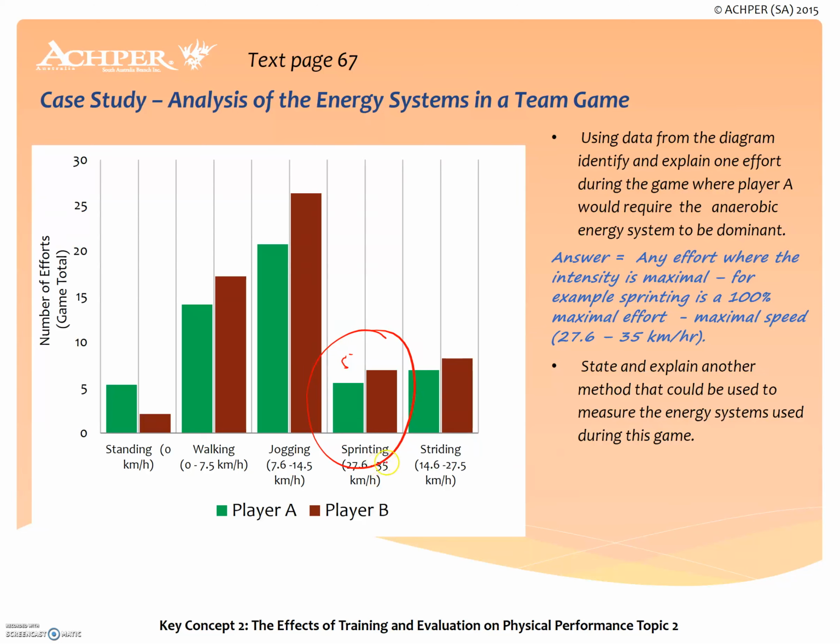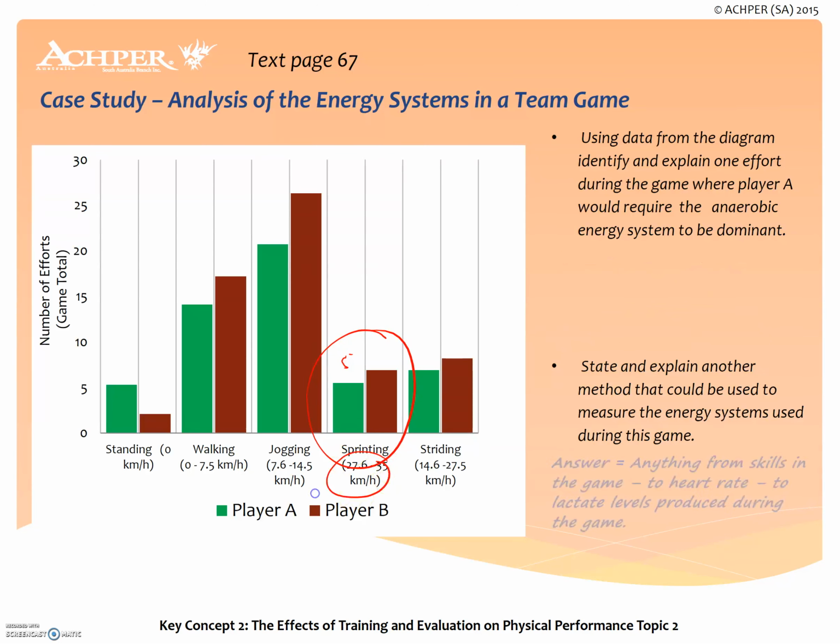Could we go through that kilometers per hour? So anything from skills in the game to heart rate to even lactate levels produced during the game. So with it, the tool that we saw at the start, that lactate reader. If we can see that there's a higher level of lactate produced in the blood at that point, we can say that the intensity is higher and that the anaerobic system would be predominant at that point.